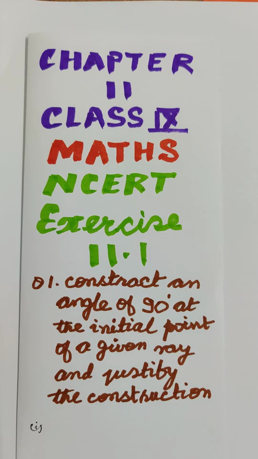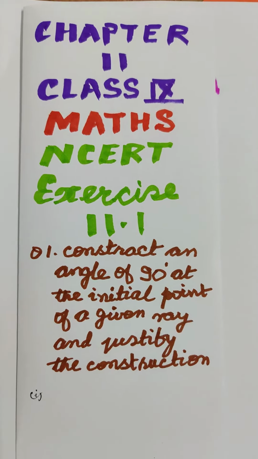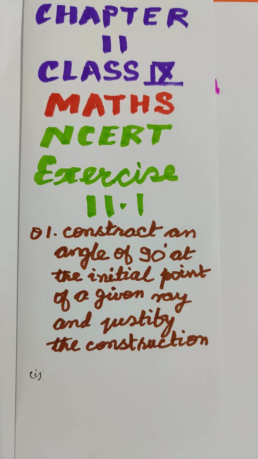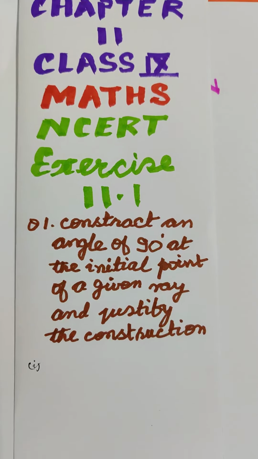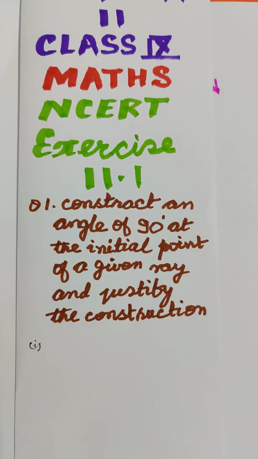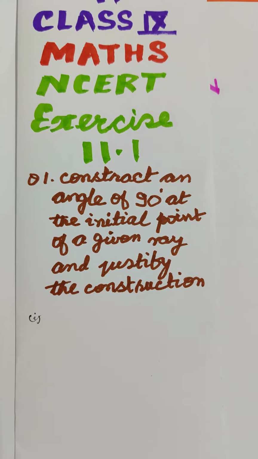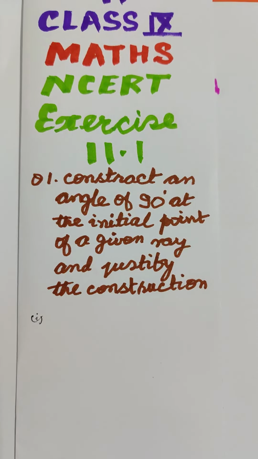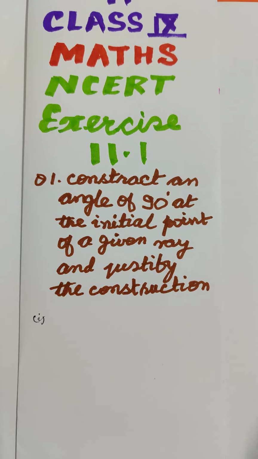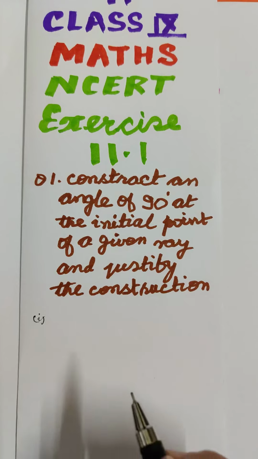So first question is: construct an angle of 90 degrees at the initial point of a given ray and justify the construction. For this, first of all, we shall draw a ray.